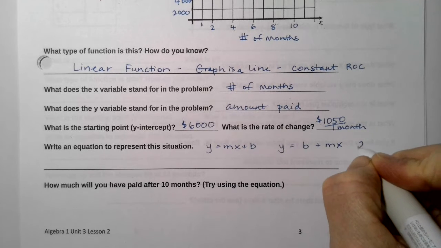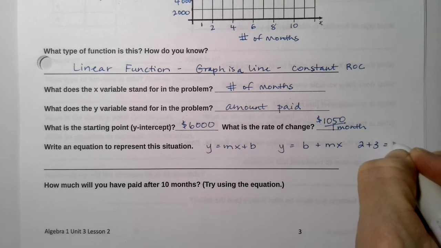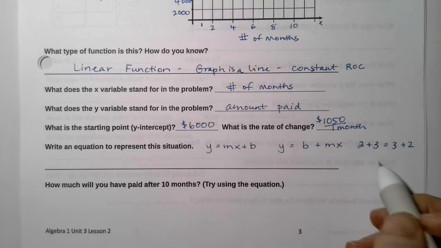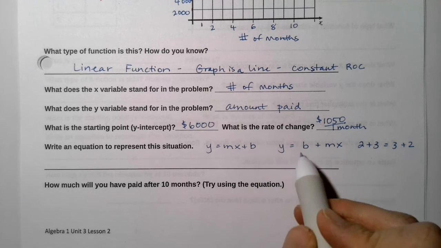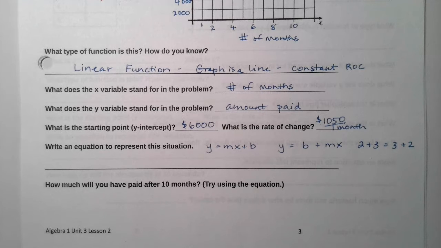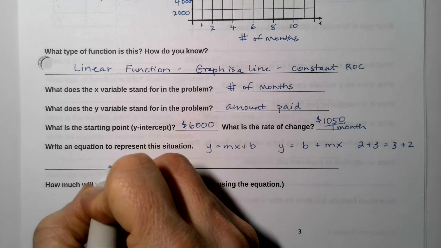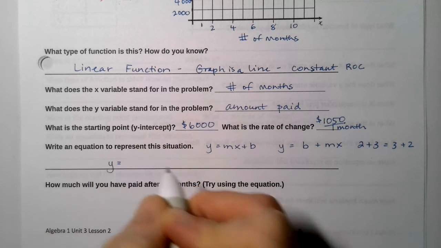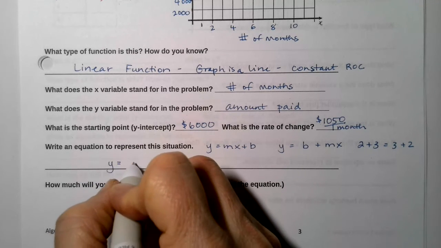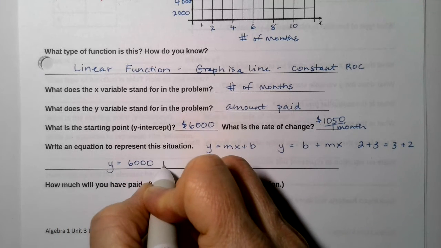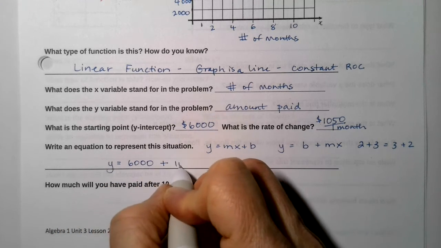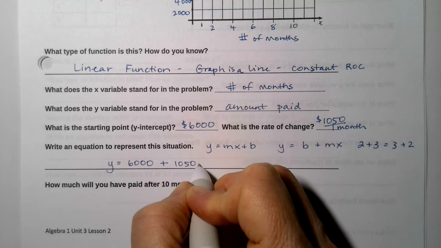The reason that works is that 2 plus 3 is exactly the same as 3 plus 2, they're both equivalent to 5. So when you're adding two quantities, it doesn't matter in which order you add them. So to write an equation that represents this situation, we have y, which is our amount paid. That was equal to the $6,000 that we had to pay up front, plus the $1,050 that we're going to pay each month.